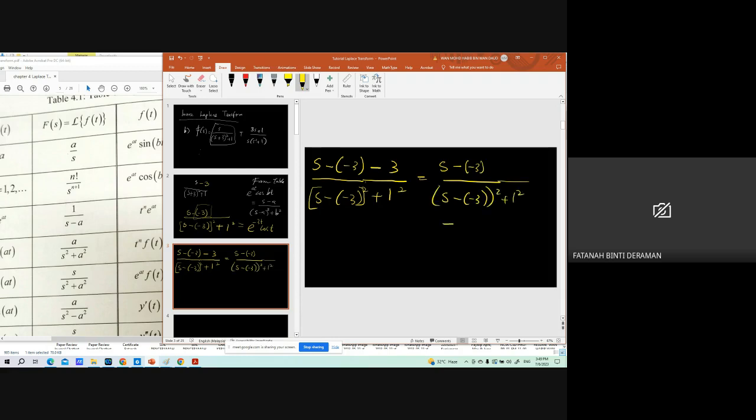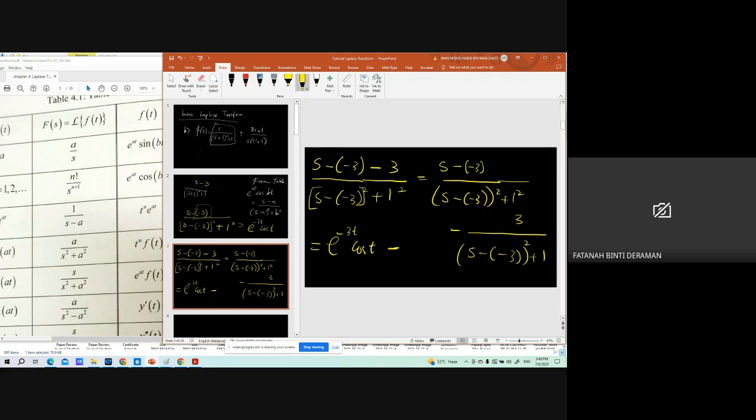And then we need to plus, minus 3 and then again over s minus 3 square plus 1. So here we already have e to the negative 3t cos t. And then we put minus here.